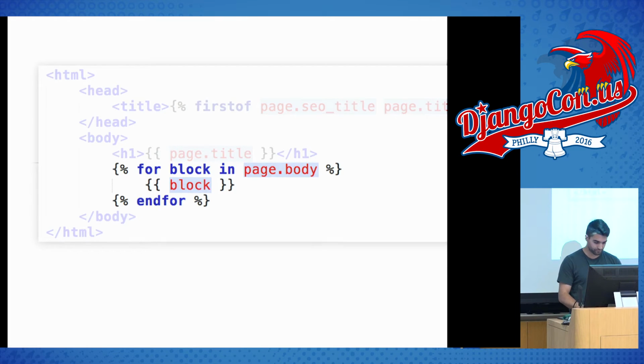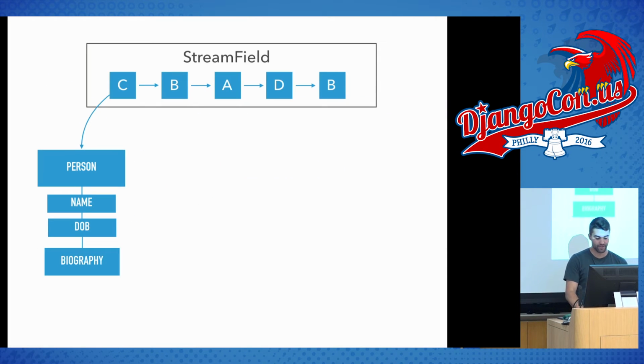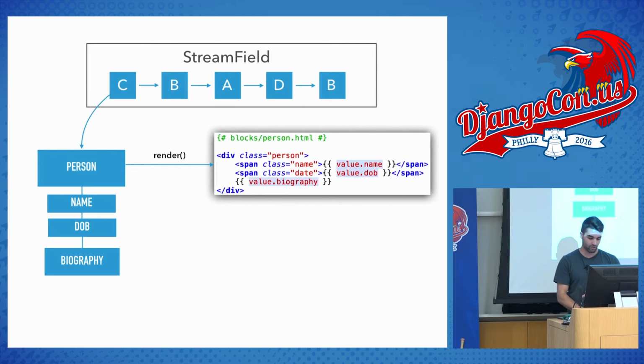And so what's really happening here is that this person block, made up of all these different other blocks, is calling this render method. This is somewhat of an oversimplification, and this isn't exactly code that you might use, but then you have this person.html template that you're declaring in that block class.